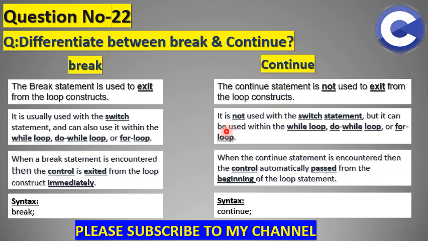But continue is not used with the switch statement, though it can be used within a while loop, do while loop or for loop. When a break statement is encountered, the control exits from the loop construct immediately. When the continue statement is encountered, the control automatically passes to the beginning of the loop statement. The syntax for break is break semicolon, and the syntax for continue is continue semicolon.